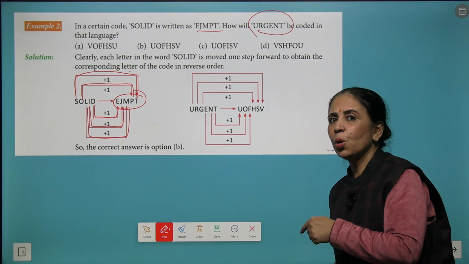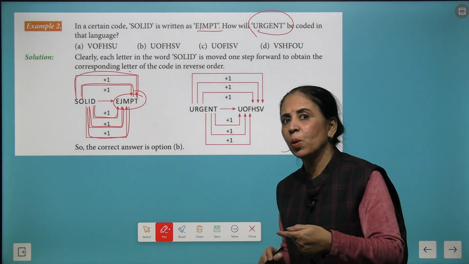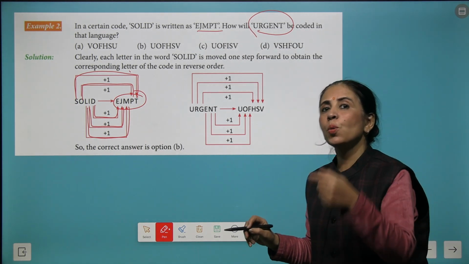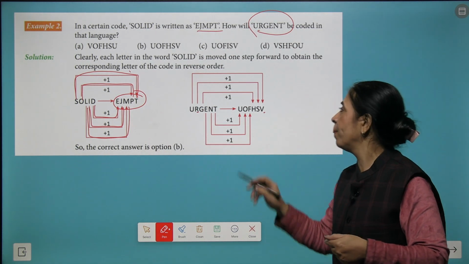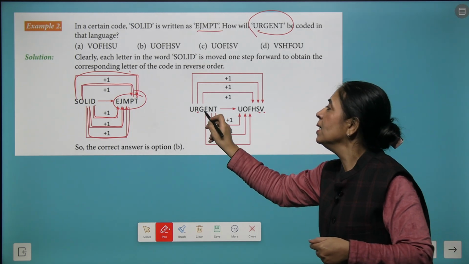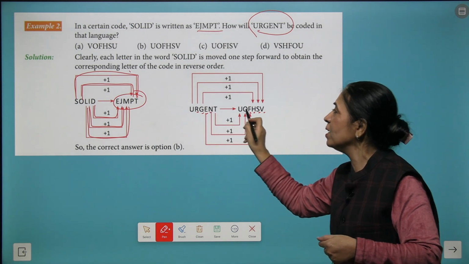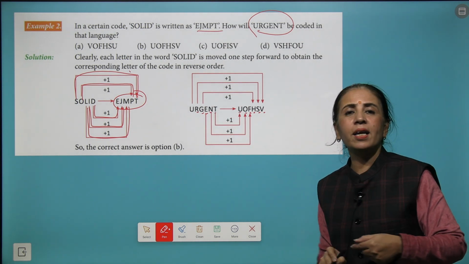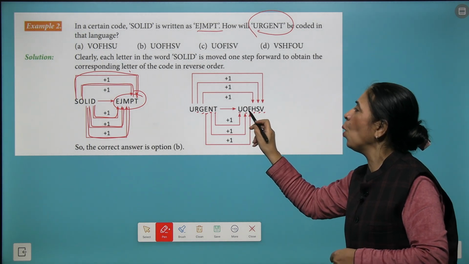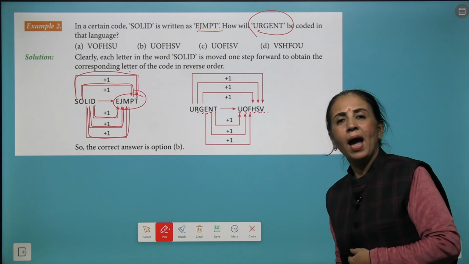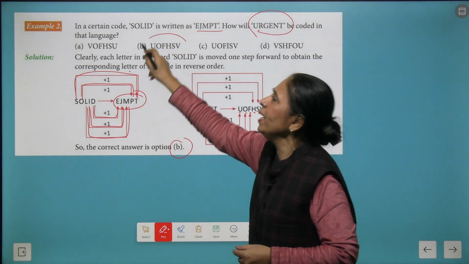So to write the code for urgent, the first thing you have to remember is reversing the word and +1. So U is followed by V, V comes at the end, R is followed by S, S comes here, G is followed by H, E is followed by F, N is followed by O and T is followed by U. So your code becomes UOFHSV, and here we got the right option as B.